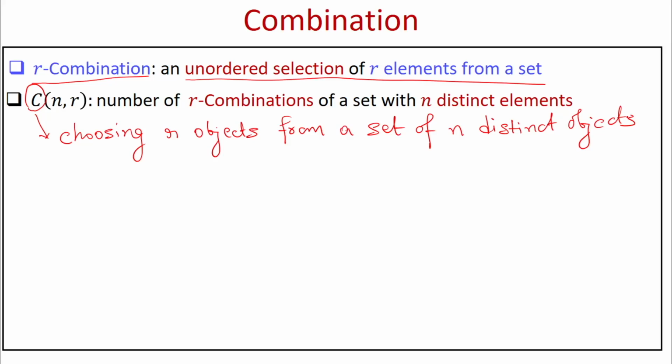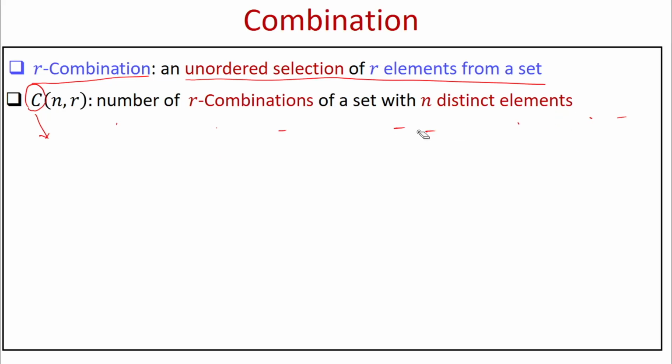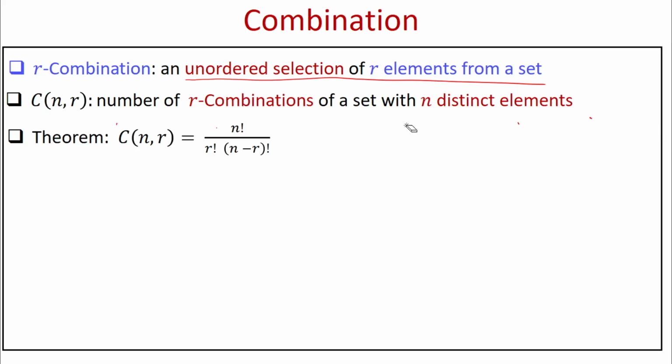This function denotes the number of r-combinations that we can have for a set which has n distinct elements. You must have studied it during your high school that the value of this function is nothing but n factorial over r factorial times (n minus r) factorial.